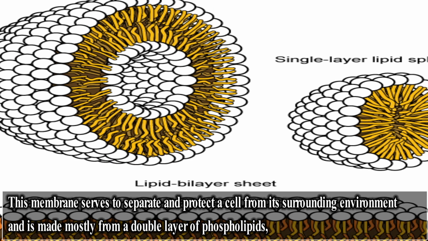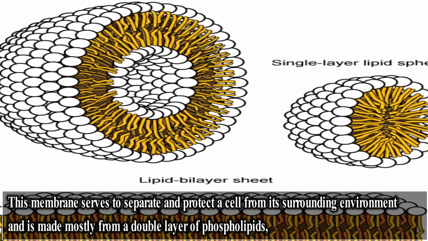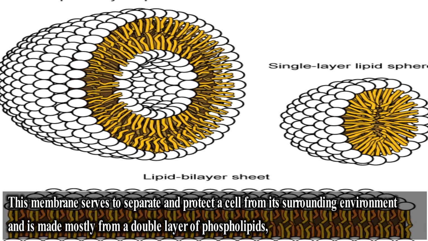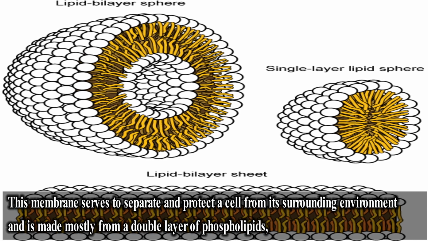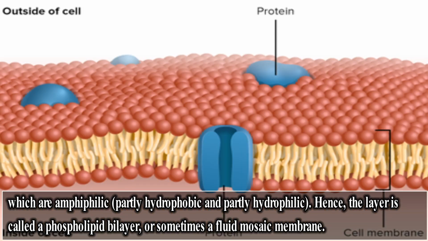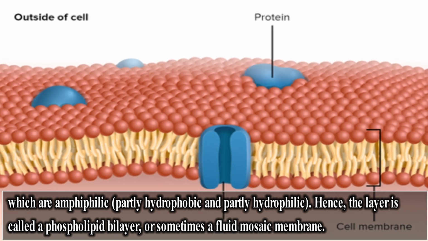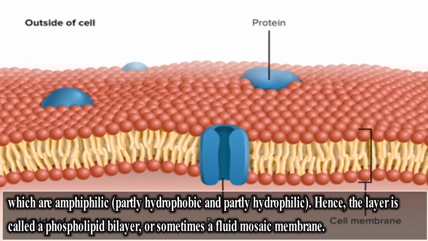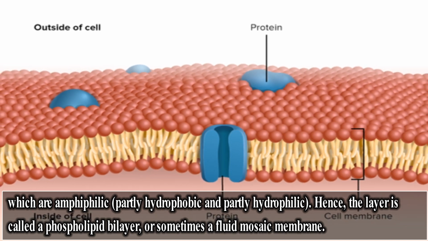This membrane serves to separate and protect the cell from the surrounding environment and is made mostly from a double layer of phospholipids, which are amphiphilic. Hence, the layer is called the phospholipid bilayer, or sometimes a fluid mosaic membrane.